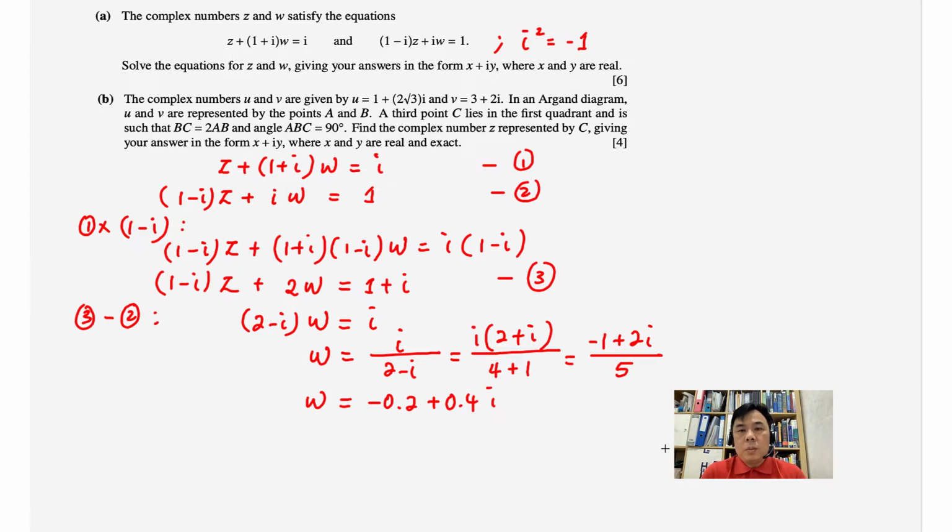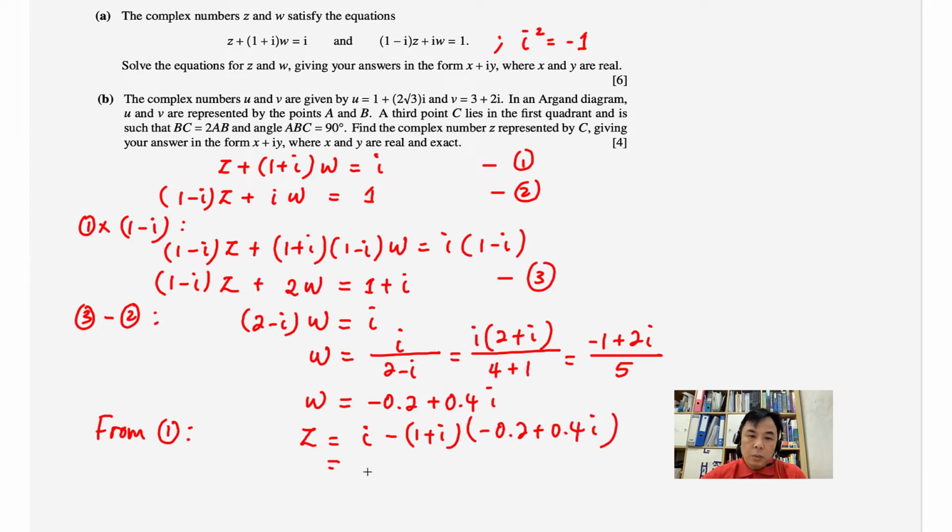That is the first complex number, w. To get the second complex number, it will be quite easy. I'm going to retrieve z from equation number 1. I would get z equal to i minus (1 plus i)w. So the w that I have is here.